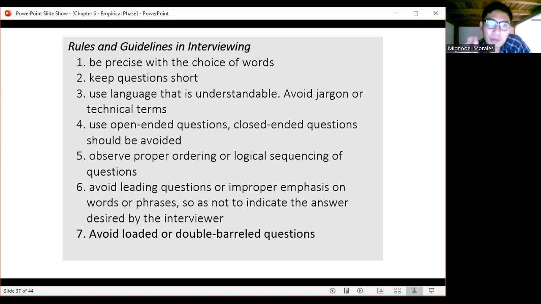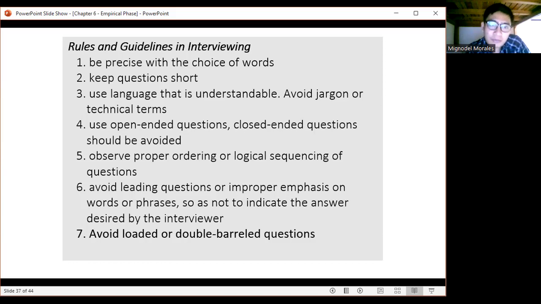Okay? Keep questions short. Use language that's understandable. Avoid jargon or technical terms. Use only open-ended questions. Okay? Dapat laging exploratory. Lagi dapat elaborative.